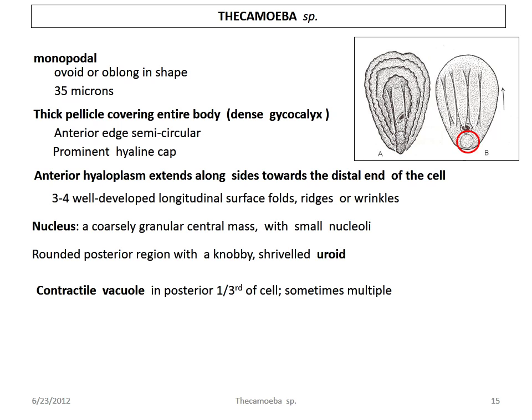The contractile vacuole of thecamoeba tends to be located in the posterior third of the cell. Sometimes, as will be seen in the movie to follow, the cell generates 2 or 3 contractile vacuoles in sequence.